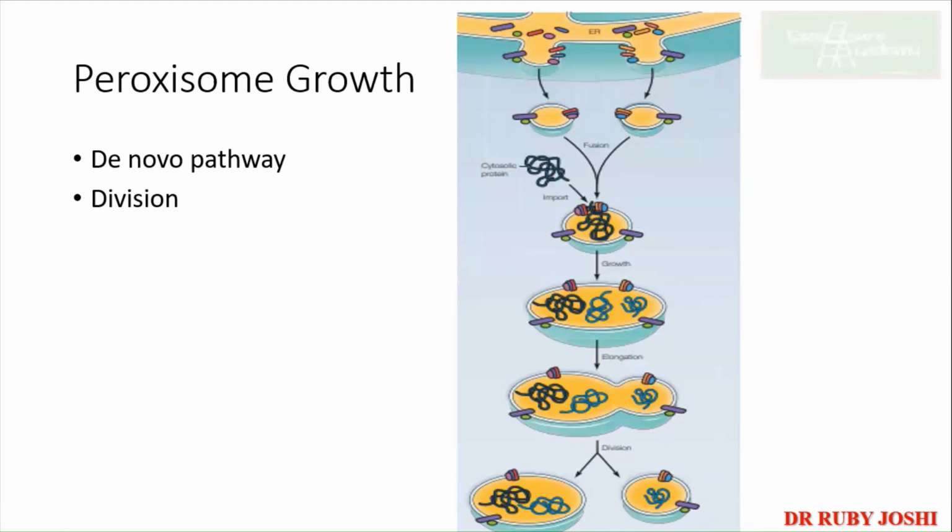Now, when does a cell decide that the number of peroxisomes should be increased? It is based on the requirement. आप कितना ज़्यादा टिश्यू, कितना ज़्यादा सेल आपका मेटाबॉलिक पाथवे कैरी आउट कर रहा है, उतना ज़्यादा आपको पेरोक्सिसोम नंबर चाहिए. So based on that, it will keep on dividing. Okay, is this path clear?